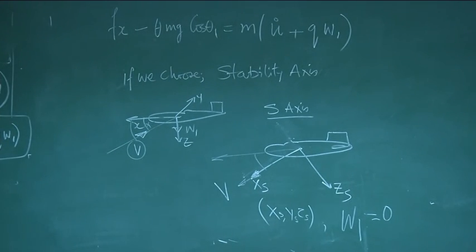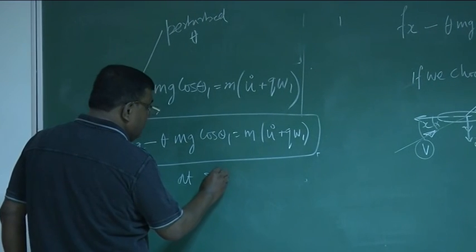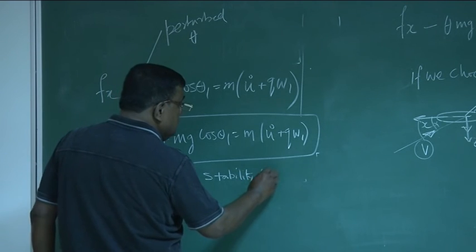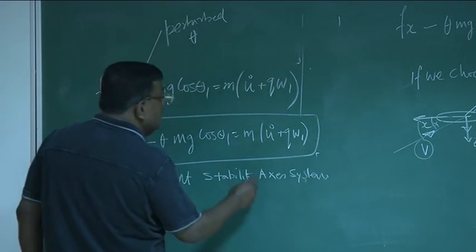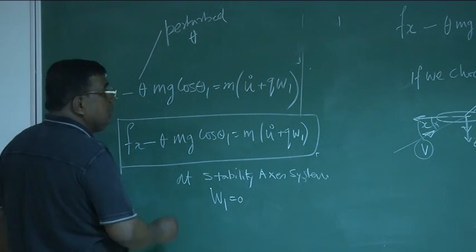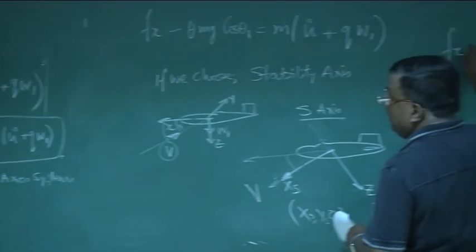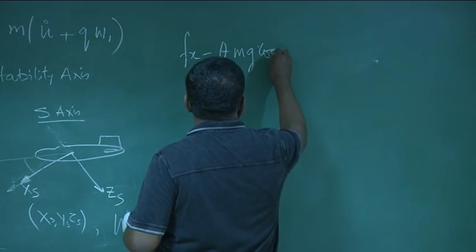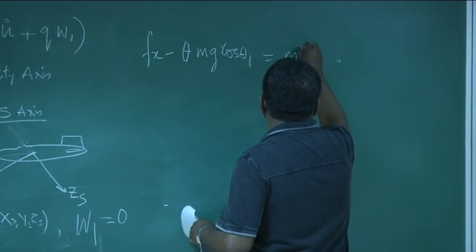And if we are operating in the stability axis system, then you know W1 will become 0. So this equation gets modified to, what will happen? That equation will become fx minus theta mg cos theta 1 equal to m u dot.